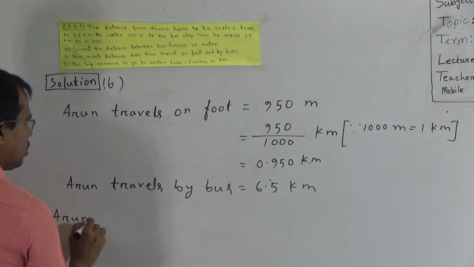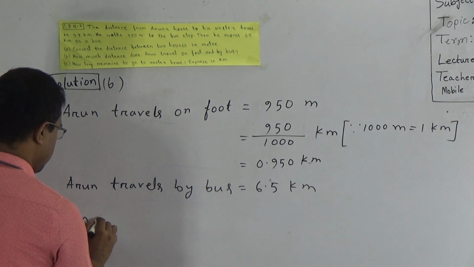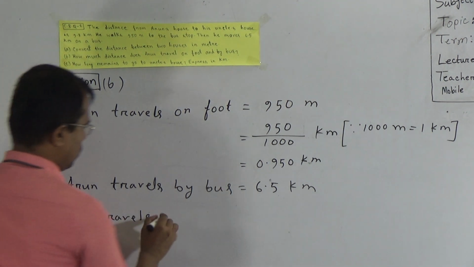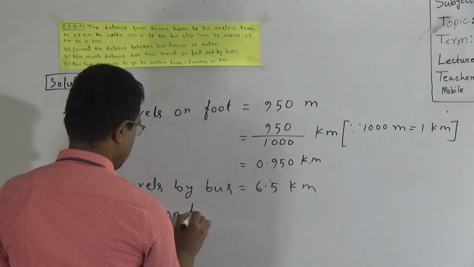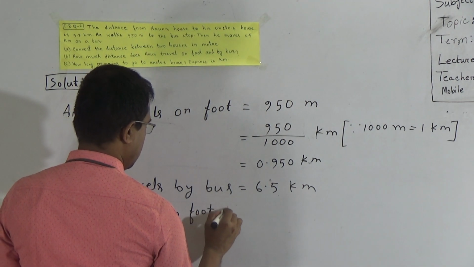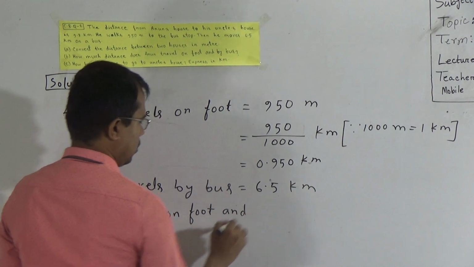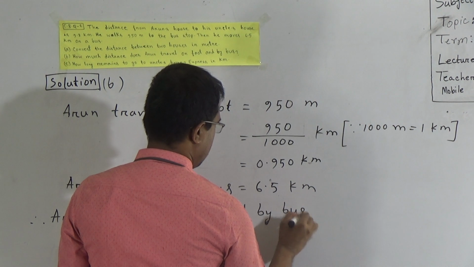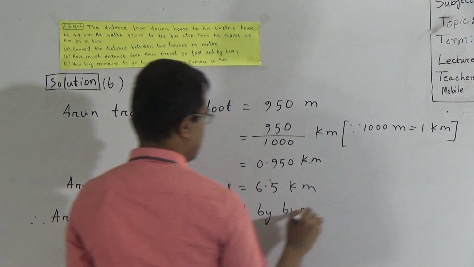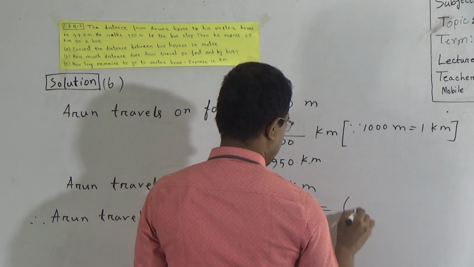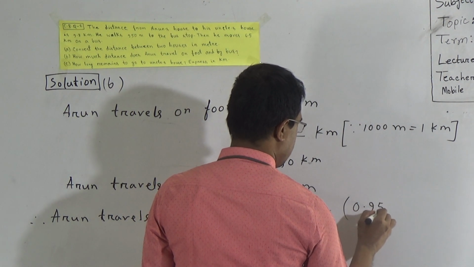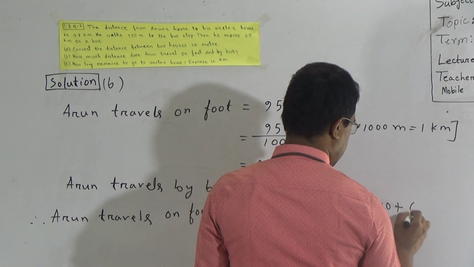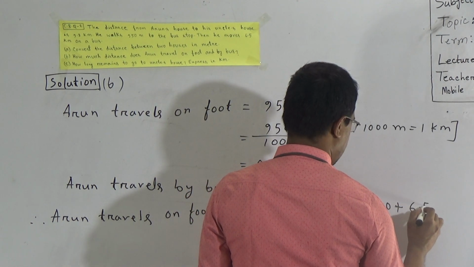Therefore Arun travels on foot and by bus equal to 0.950 plus 6.5.